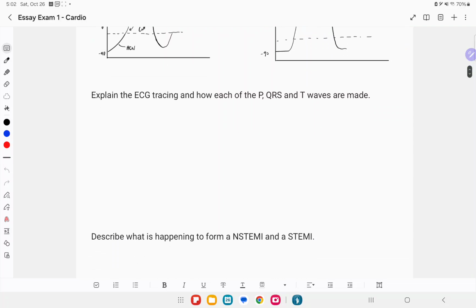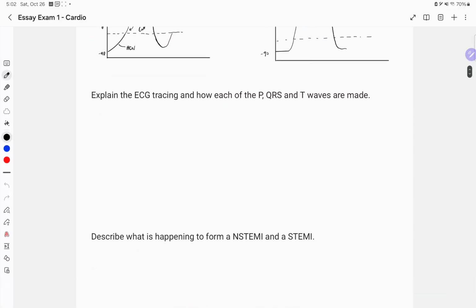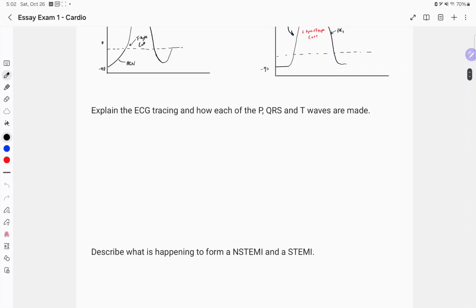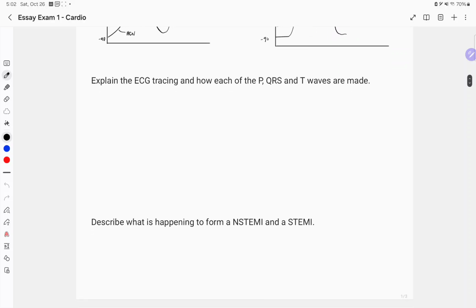Now we're going to take a look at one of my favorites, and that is looking at the ECG or EKG and understanding how these readings are formed.